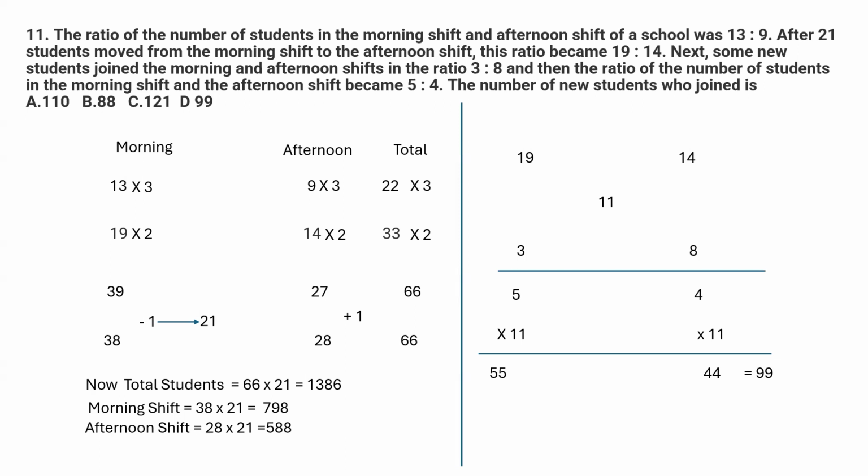So 99 is the value that we have got using the allegation method. Now if they would have asked how many students have joined in morning shift and afternoon shift, then you can divide this 99 in the ratio 3 is to 8, right? So morning it is 99 into 3 upon 11, 27, and afternoon it will be 72. So this is how we can solve this using allegation.